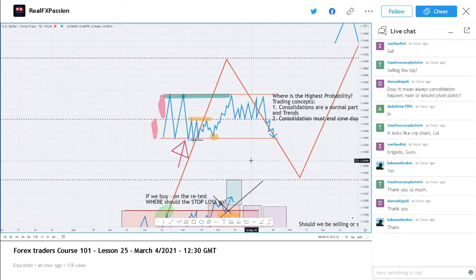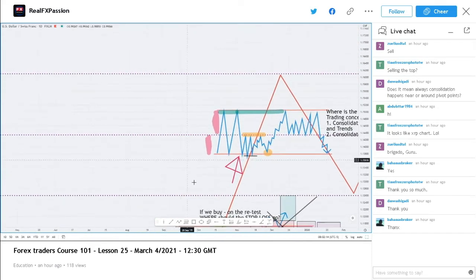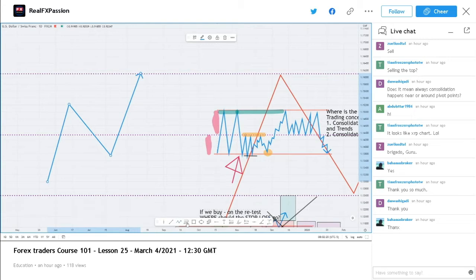We are still in an extension, right? Remember: extension, retracement, extension. In an extension the market will do higher highs, higher lows, higher highs, higher lows, retracement, lower highs, extension, higher highs, higher lows.